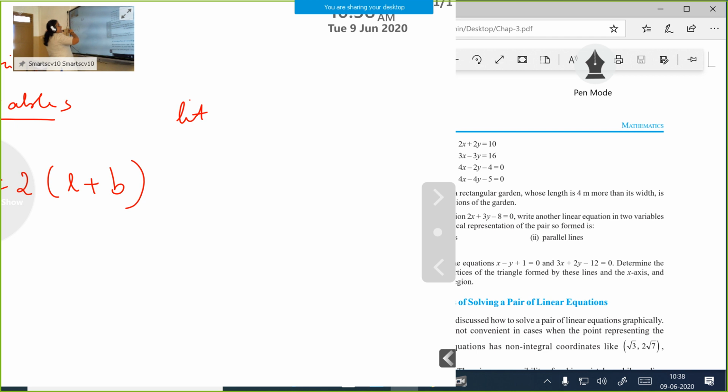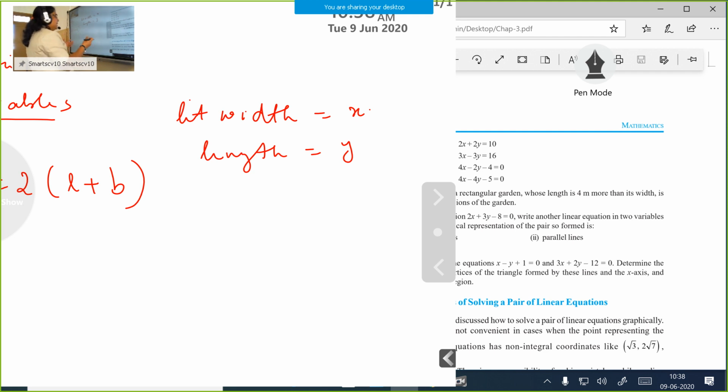Let width be x and length be y, or you can take length as x and width as y.